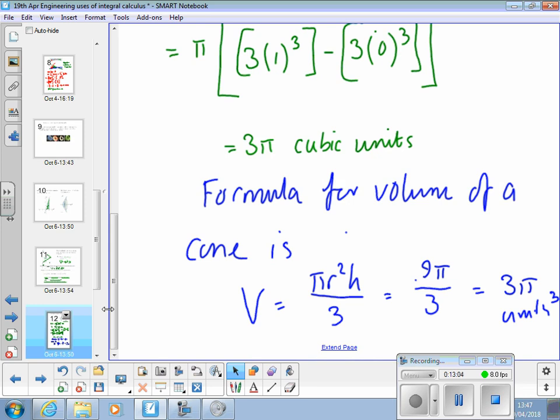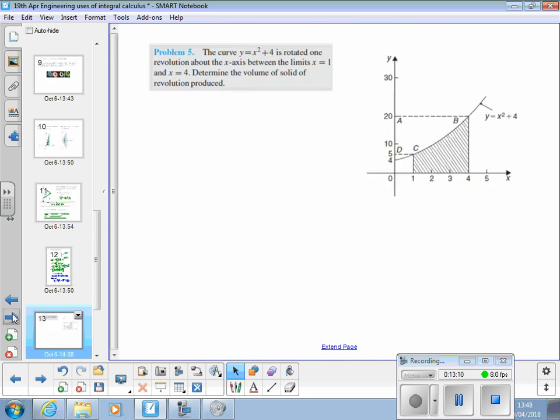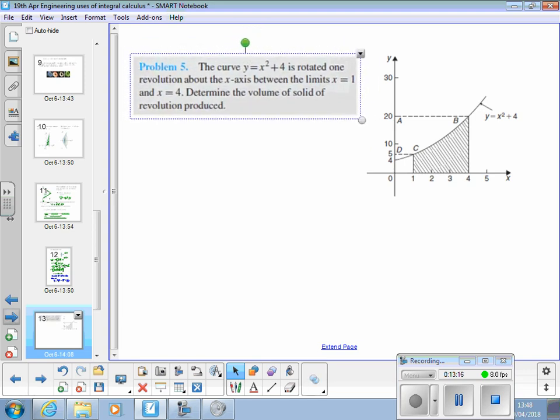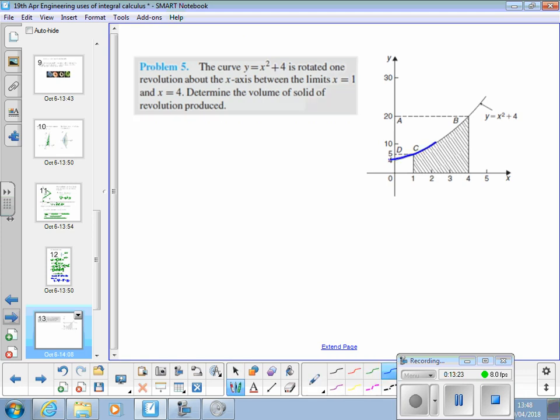Now we've got a formula to prove. Say y is equal to a function, then we look at revolving it between x equal to 1 and x is equal to 4. Determine the volume of the solid.